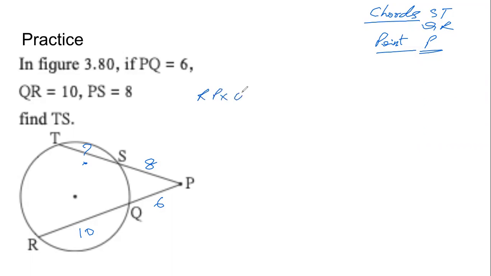RP into QP is equal to TP into PS. Okay. I just have a tendency to write the end point at the end. So I have written like this. Yes, Chand, this is correct. Now all we have to do is put the values, nothing more.